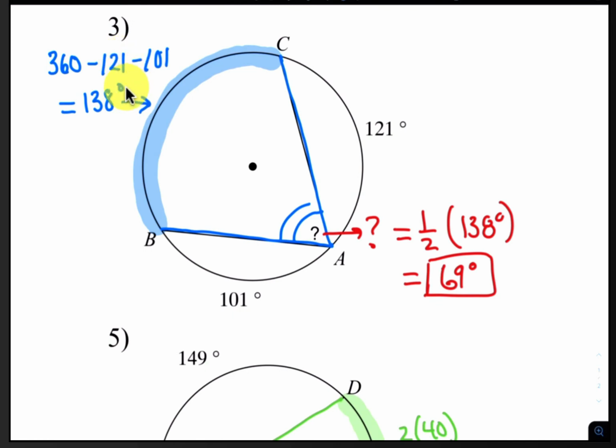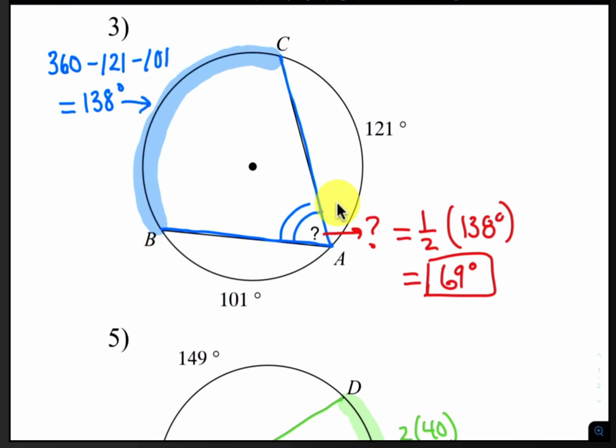It's question number 3. We're trying to find the measure of this inscribed angle where the question mark is. We see that this inscribed angle, one side goes out to B and the other side goes out to C. So let's figure out the arc that goes between B and C. To figure that out, we look at the entire circle.